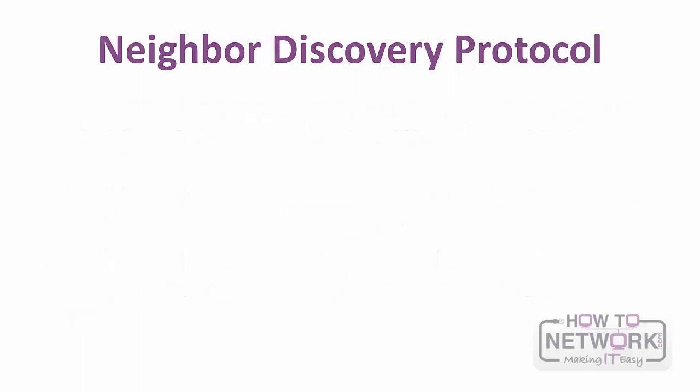As described briefly in the previous lesson, neighbor discovery plays an important role in the auto-configuration of IPv6 addresses. Devices use neighbor discovery for the following reasons. Stateless address auto-configuration, to automatically determine the network prefix, default gateway, and other configuration information. Duplicate address detection, to determine whether a link local or global unicast address it is about to use is already used by another device.